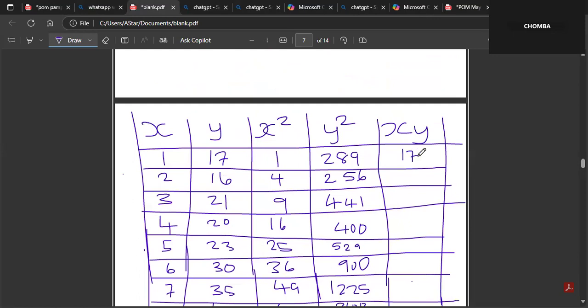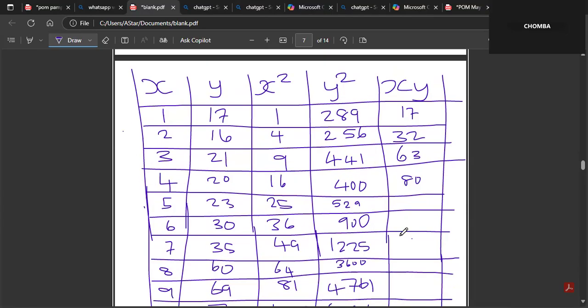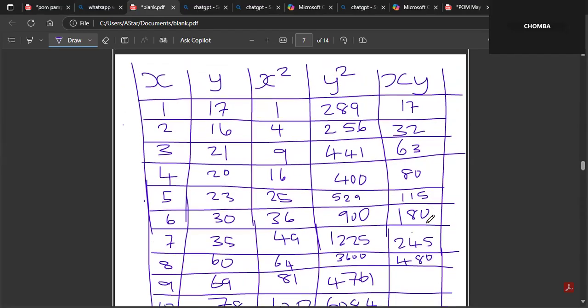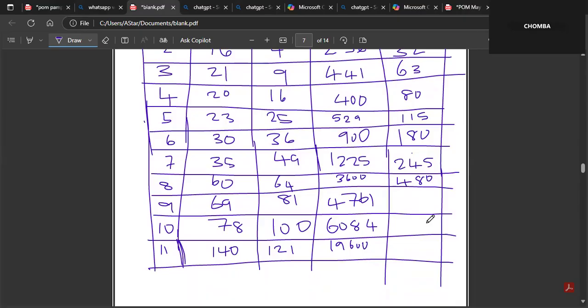So this one will be 17, 32, 33, 8, 115, 18, 245, 48, 621, 78.